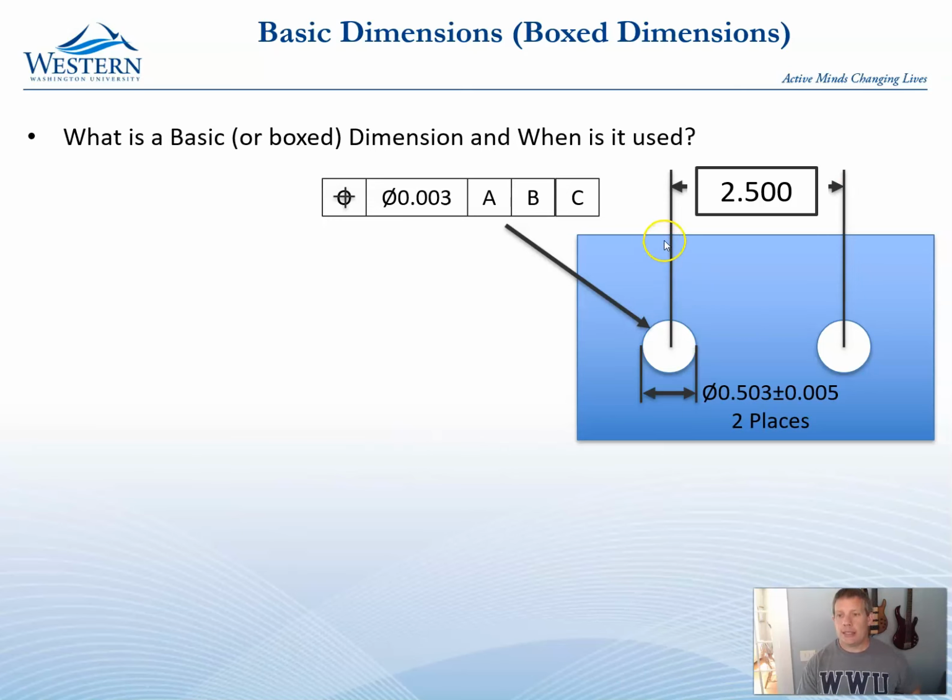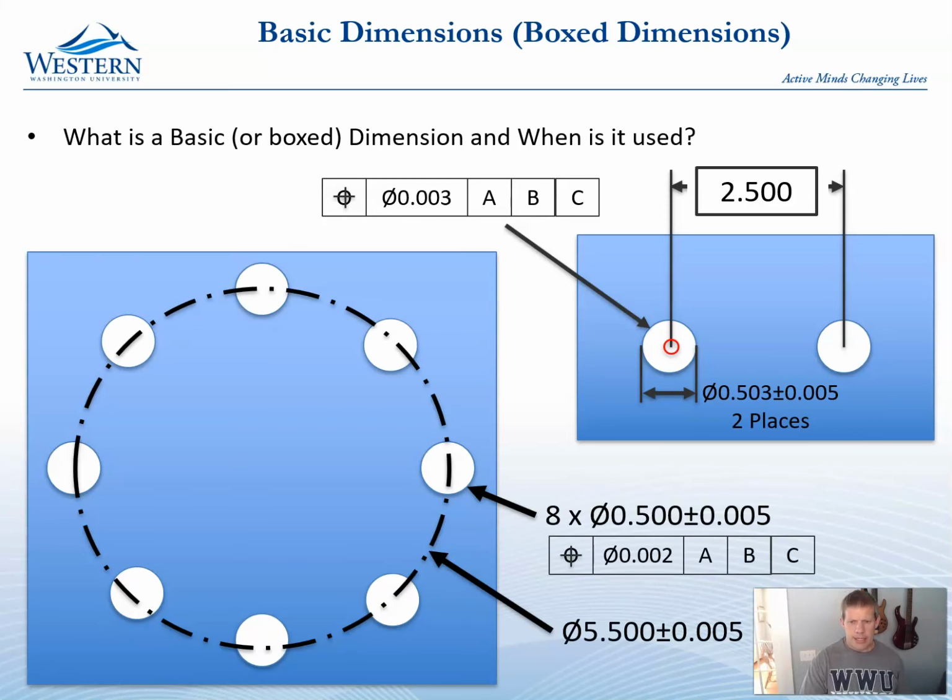What this says is the distance between these two is ideally 2.5 inches. Now go and find the GD&T call out, which says what the tolerance is on the position of this hole. And so it is a circle that has a diameter of 3/1000ths of an inch.